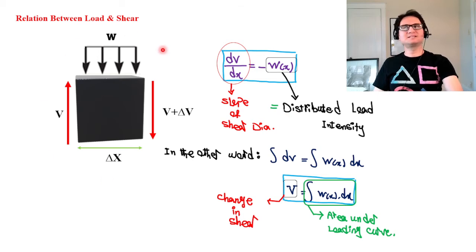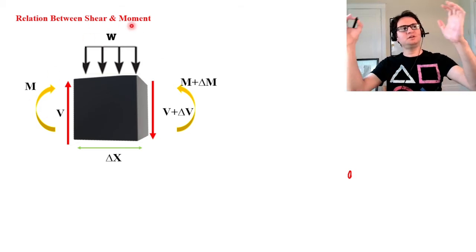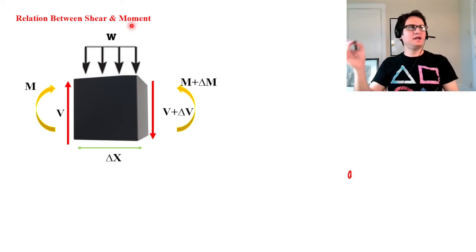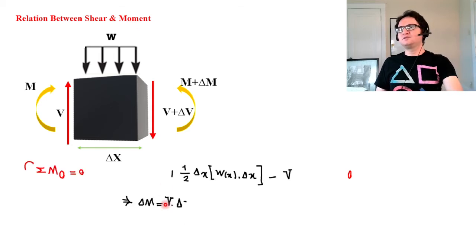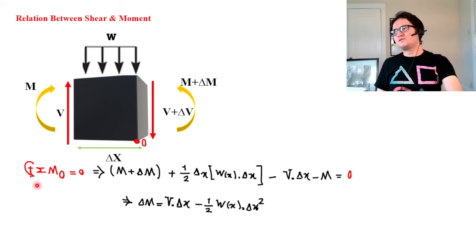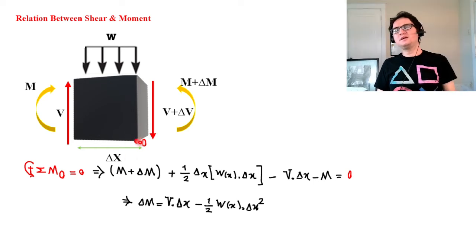Now let's see what is the relation between shear and moment. If we add the two moments, one M and the other M plus delta M, due to traveling to the left hand side, and we develop the summation of moment, considering counterclockwise as a positive moment about any arbitrary point, for example, O here.